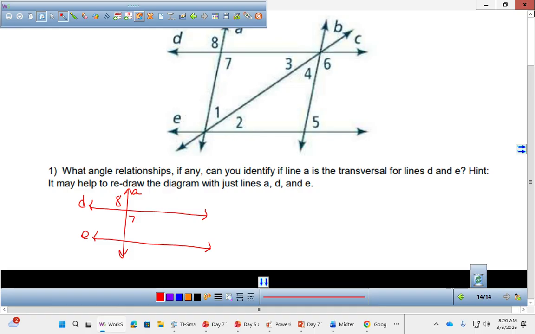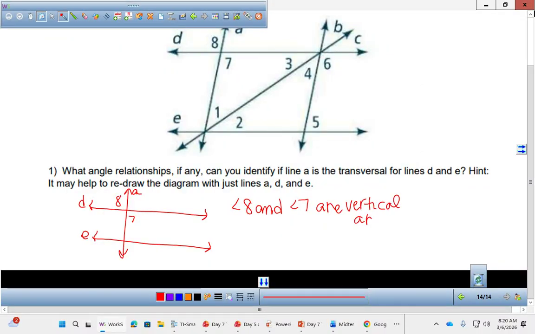To be corresponding, they both need to be left and above, or right and below, and they're not. So this is not any of the relationships we talked about today, but you do know what they're called. Vertical. Angle 8 and angle 7 are vertical angles.